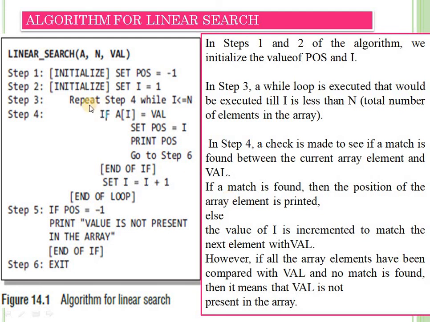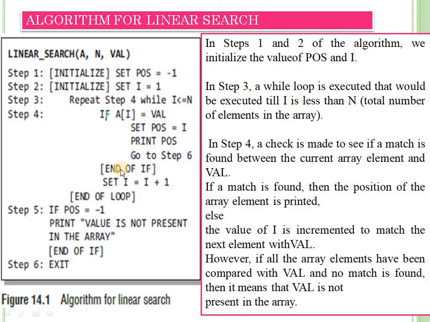If a match is found, then the position of the array element is printed. Here we print the POS. If A of I is val, that element is at A of I, then we assign that I to position and we display the position. If a match is found, then the position of the array element is printed.